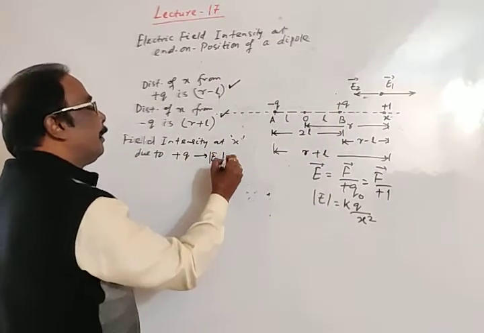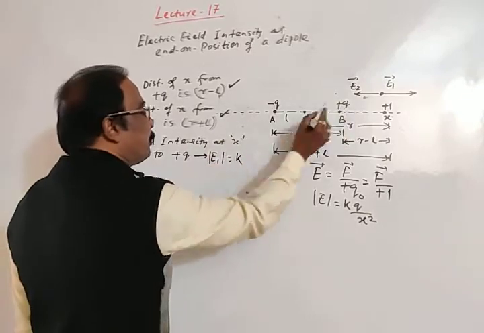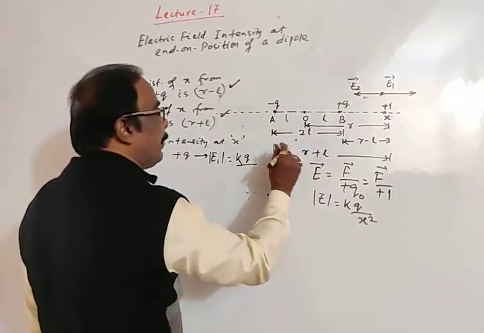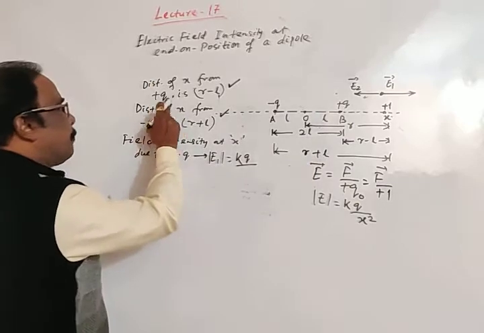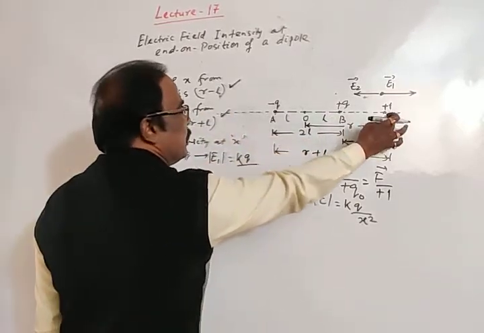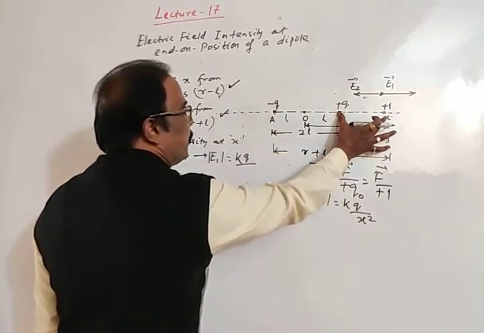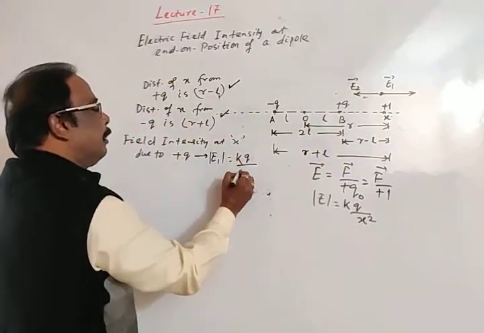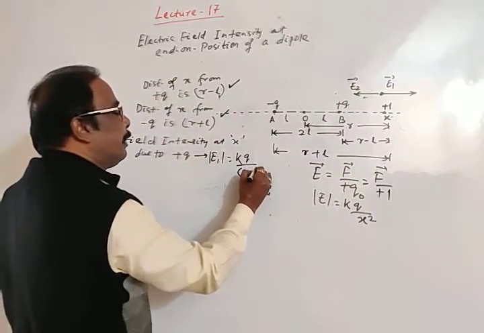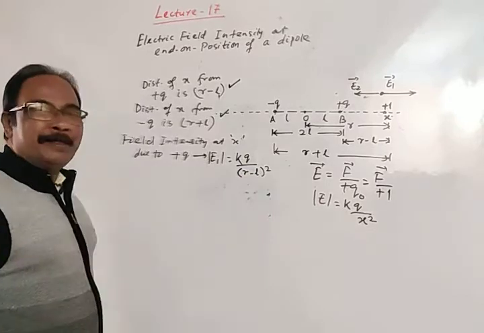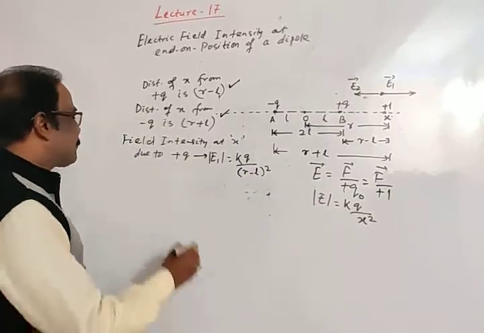Magnitude of E1 is kq divided by the square of the distance. The distance from plus q to X, the end-on position, is r minus l, so in place of x we write (r minus l) whole square.